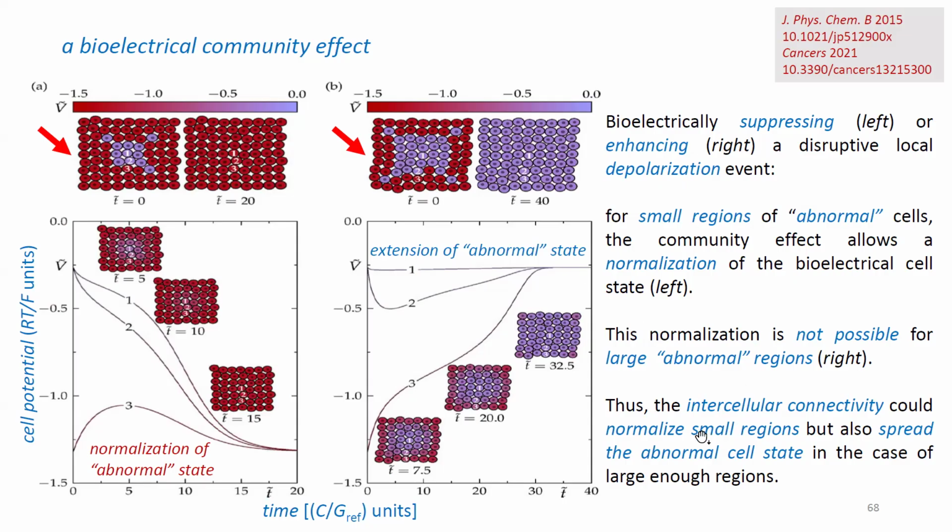So the intercellular connectivity could normalize small regions initially when the abnormal region is small, but can also spread the abnormal cell state later when this initial region is big enough.